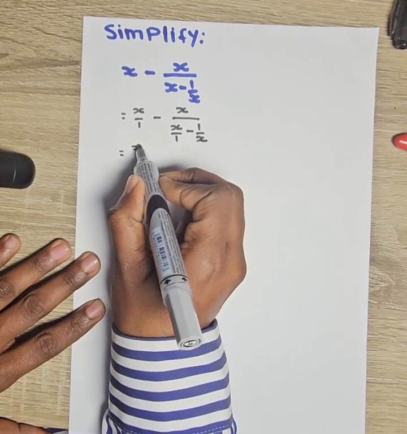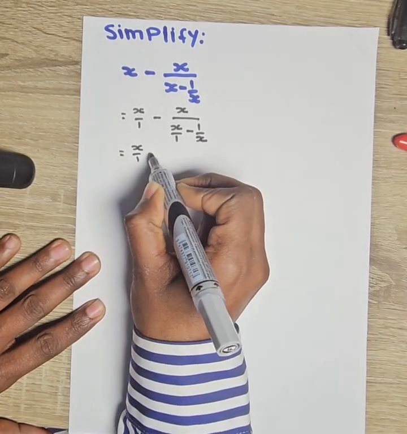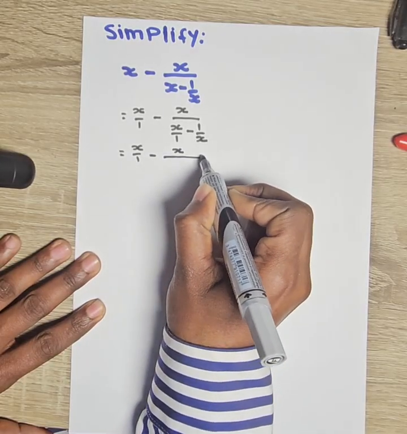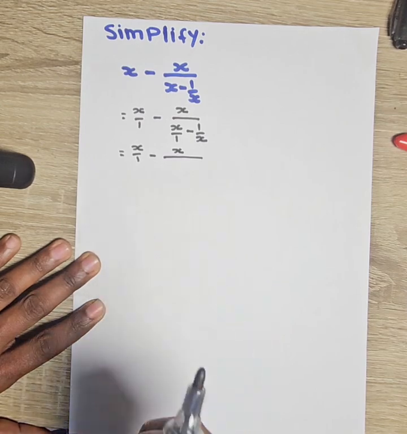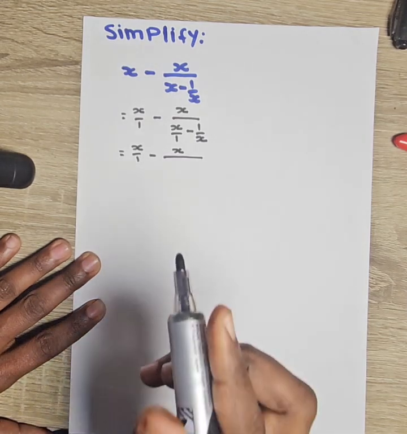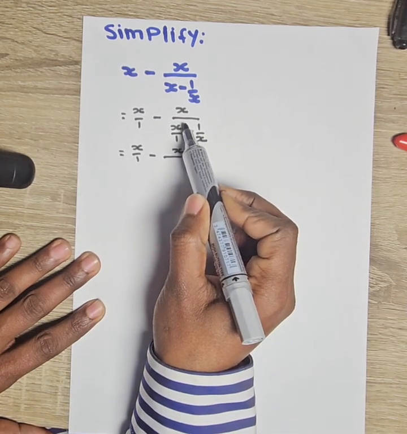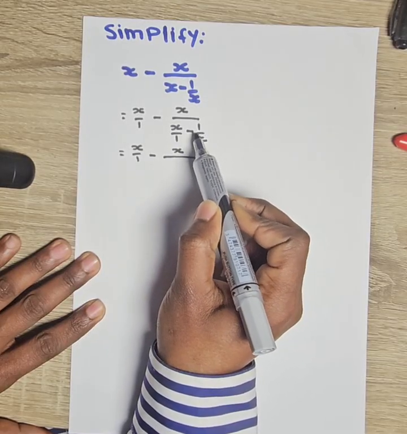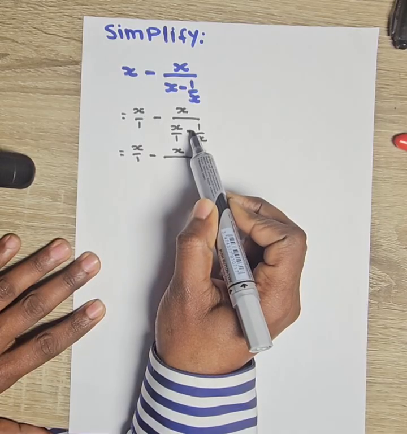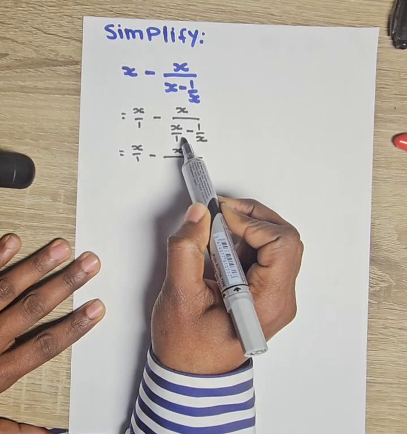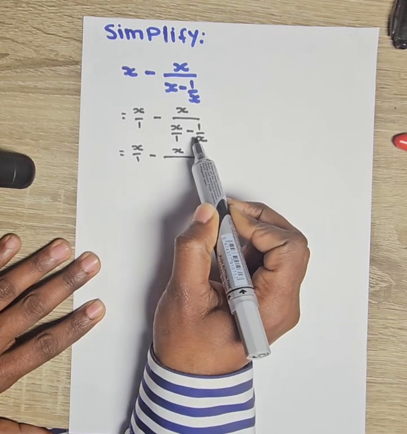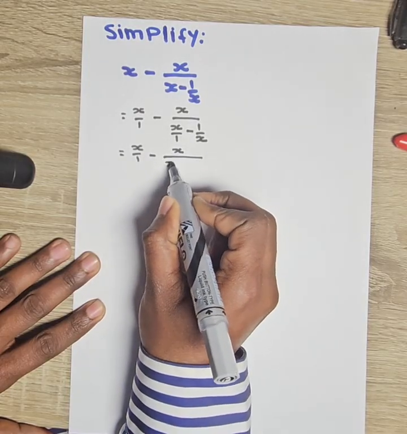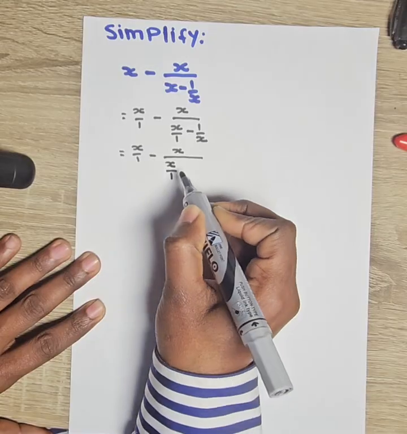Equals x over 1 minus x over. Here I will first start working with this denominator. So I will need to simplify this fraction, and I am subtracting. That means I must make the denominators the same. Therefore, I will say x over 1.